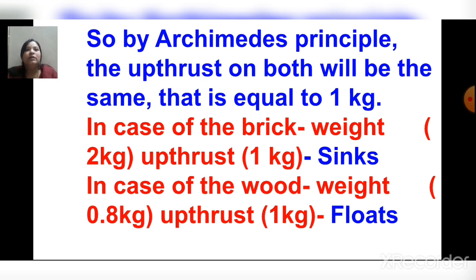So, this is how upthrust works according to the weight, right? When the weight of a thing is more than the upthrust, the thing sinks in water, and when the weight of a thing is less than upthrust, it floats on water.